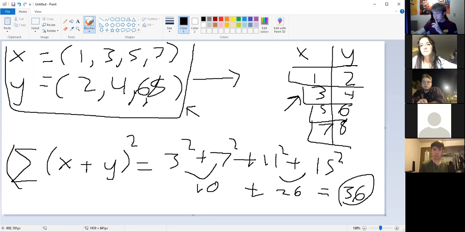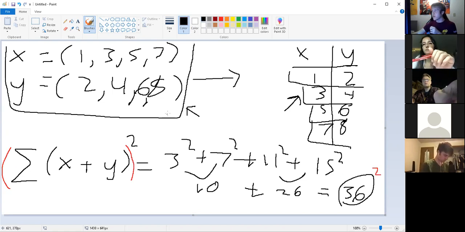If it was like this, then it would be 36. Yeah. Okay, because I think there were a couple of varying ones in the first homework with different placement of squares. Yeah, if the square is outside the parentheses like this, it would be this summation squared.